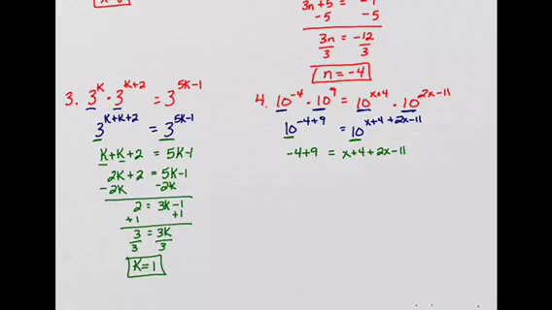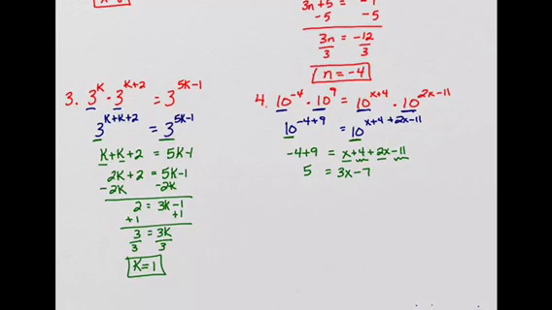Now I'm going to combine some like terms to try and clean this up a little bit. So we have negative 4 plus 9 is 5. And then the x plus 2x gives me a 3x. And then the 4 minus 11 is minus 7.